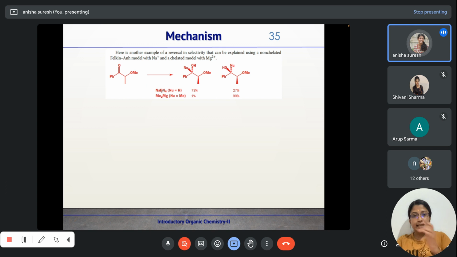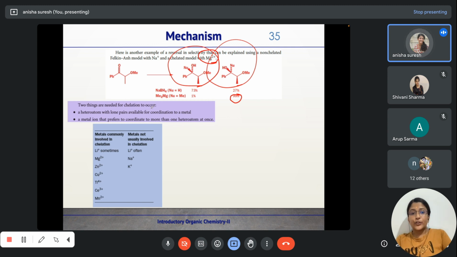If we are treating with NaBH4, this will be the major product and this will be the minor product. And if we are treating with Me2Mg, where the nucleophile is Me, the product which was major in case of NaBH4 is now only 1%, and the major product will be this one, 99%. So here chelation is taking place in the presence of Mg2 plus.